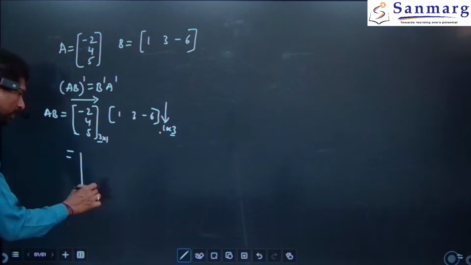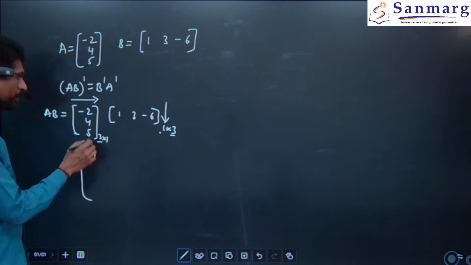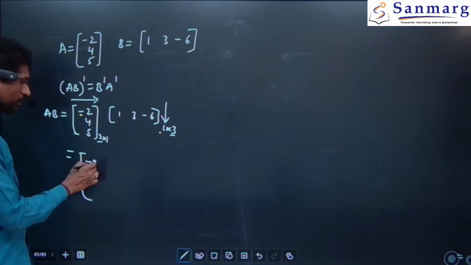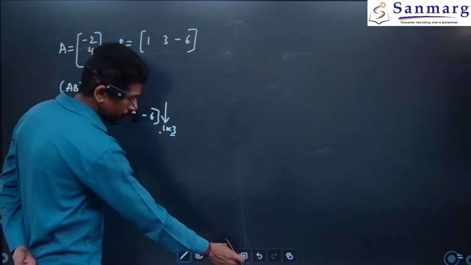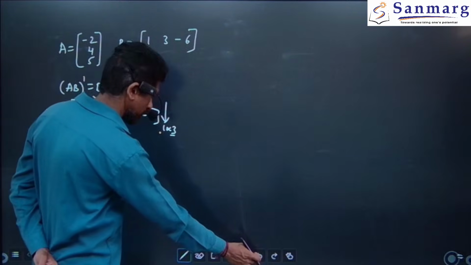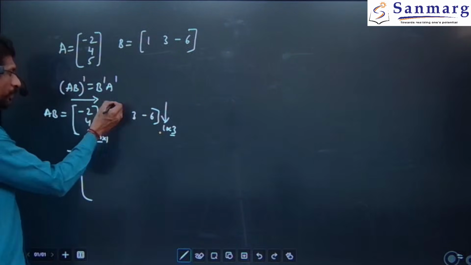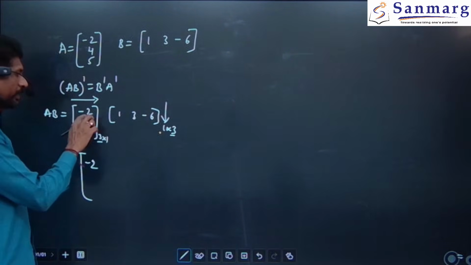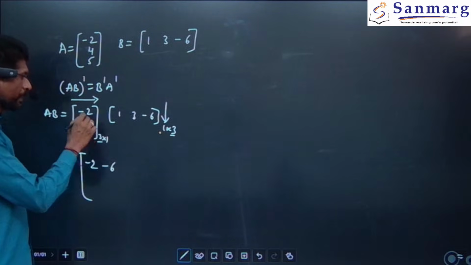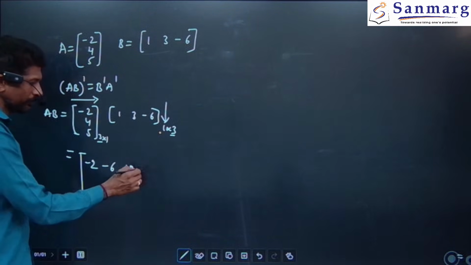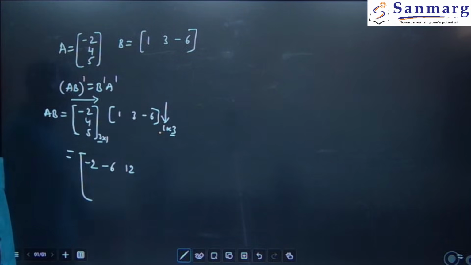So means first row, first column element is minus 2 into 1 is minus 2. Minus 2 into 3 becomes minus 6. Minus 2 into minus 6 is plus 12. First row, all 3 columns are completed now.